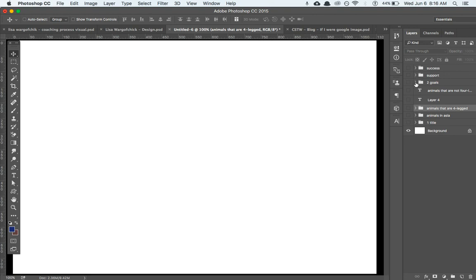So let's say this white space represents all of the success you've had in your life. Okay, now as I go through this example, you can tailor this to suit your coaching. If you're a health coach or a career coach or relationship coach or executive coach, you can tailor this to communicate whatever it is you want to communicate in your coaching.